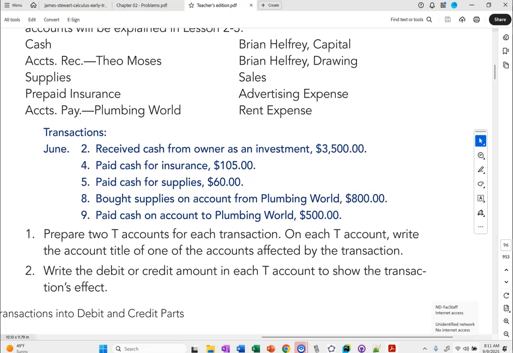June 5th, your two accounts are supplies and cash. $60 on the left for supplies, $60 on the right for cash. June 8th, your two accounts are supplies and accounts payable, Plumbing World. $800 on the left for supplies, $800 on the right for accounts payable.